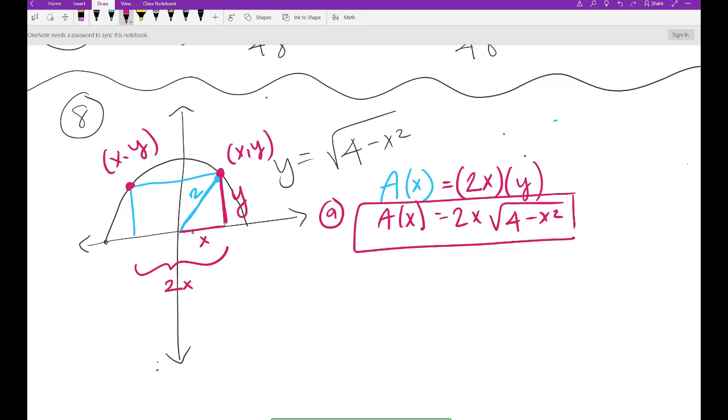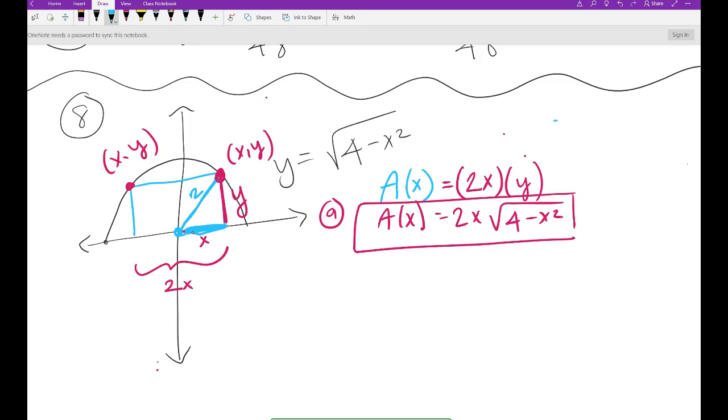Why is it just the whole bottom part of the rectangle x? Like, why is it just the one section is x? Because they gave you a point. Good question, though. I believe the problem said there's a point on the half circle that's called x comma y. If they gave you a point called x comma y, that means from the origin to this has to be x.